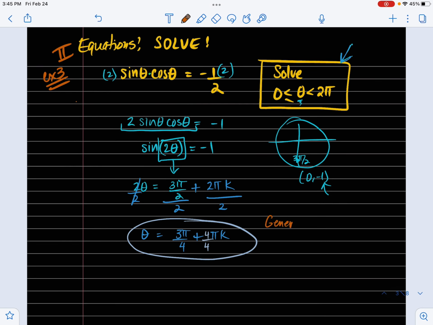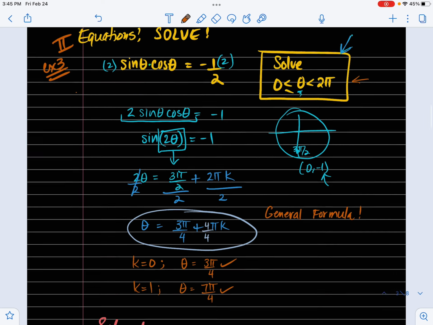And if we have the general formula, we can find as many answers as we want, depending on the domain that we are restricted to. So if I plug in 0 for k, theta turns out to be 3 pi over 4, and that's well within the domain. Plug in 1 for k, theta turns out to be 7 pi over 4, also well within the domain.